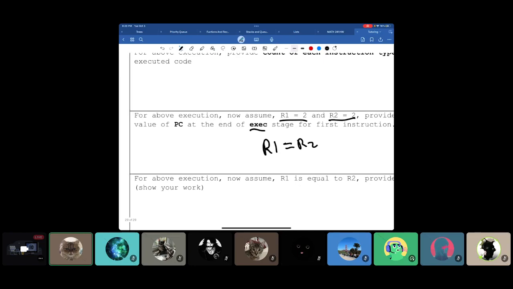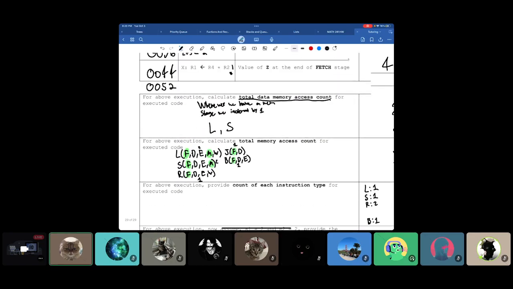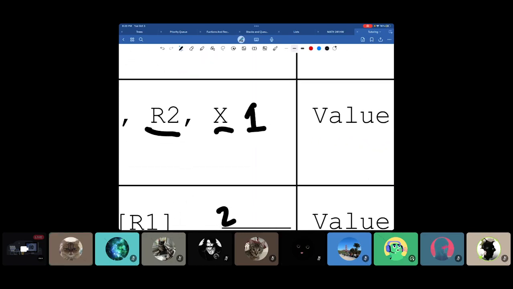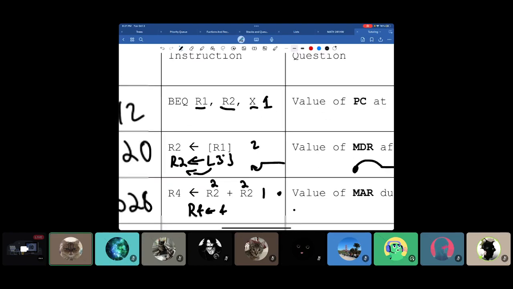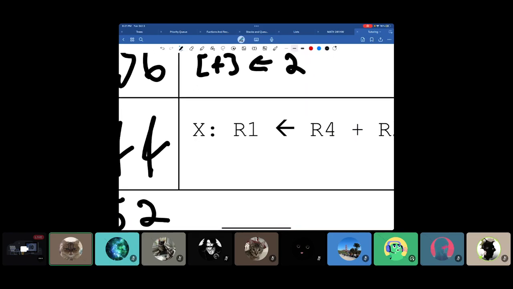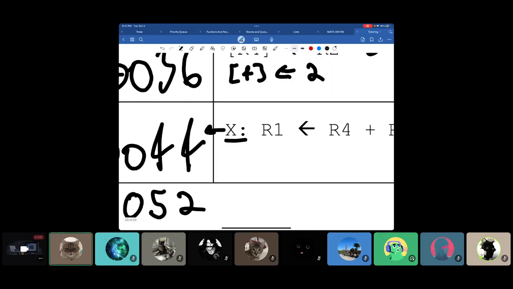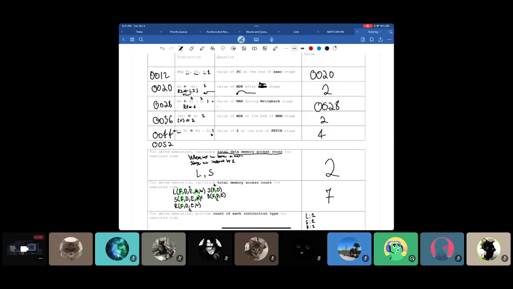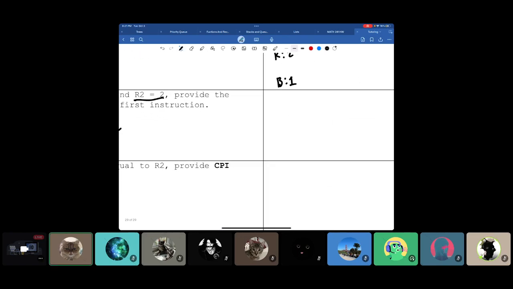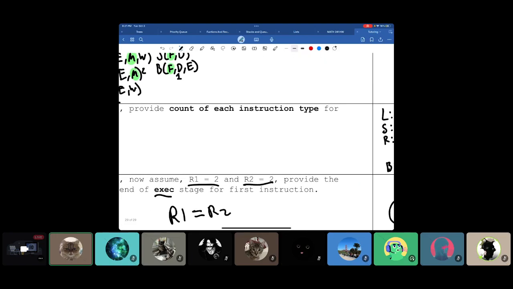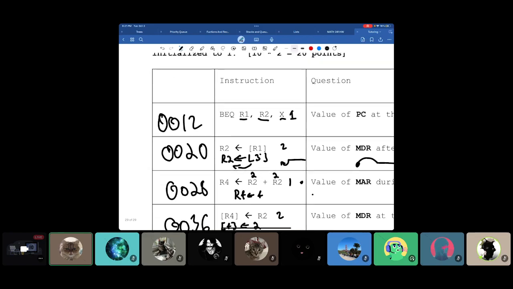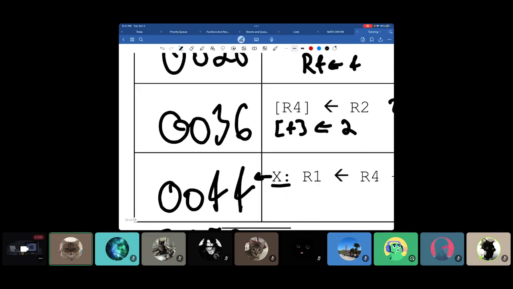And that's where we would do our jump, to our next PC value. So if this was equal, then we would have to update our PC at the end of the exec stage of our branch to the value of label X. And we see here the value of label X is 0044. So your answer here would be 0044. You probably get points off if you just put X, so make sure when you start your question to put your PC values on the left side.